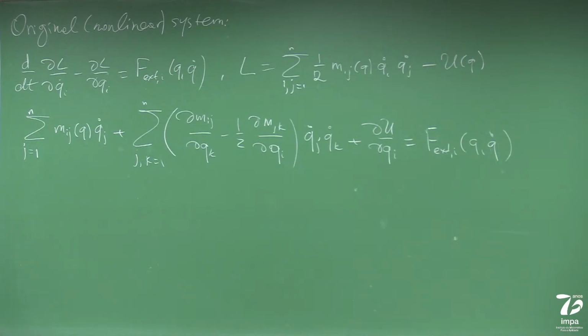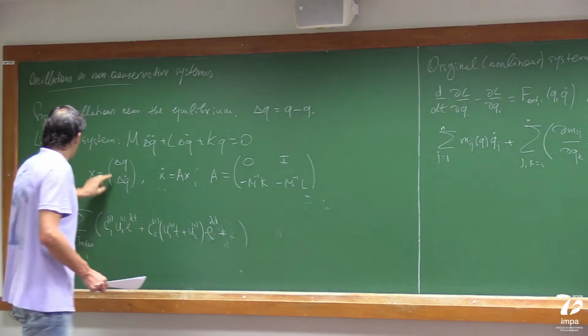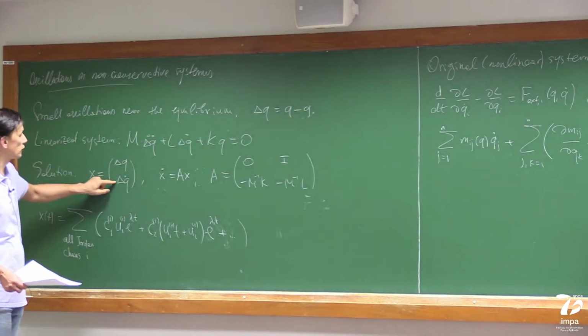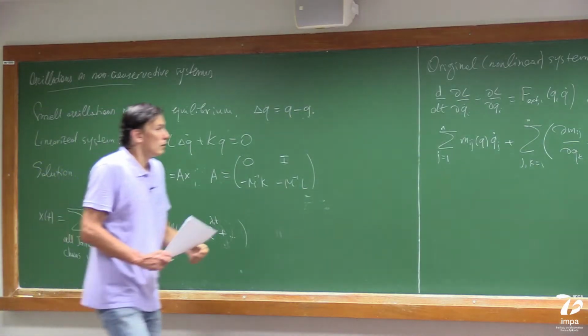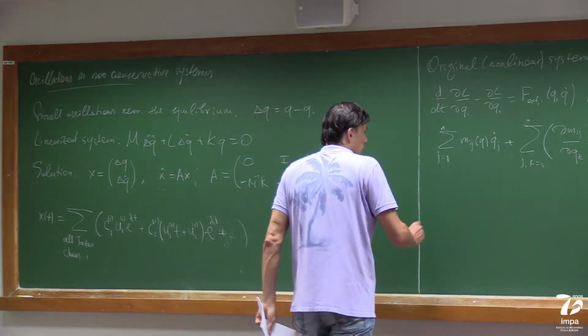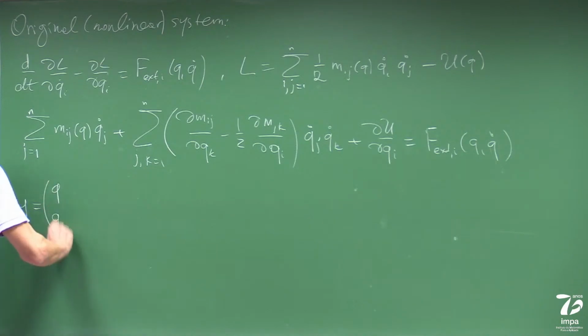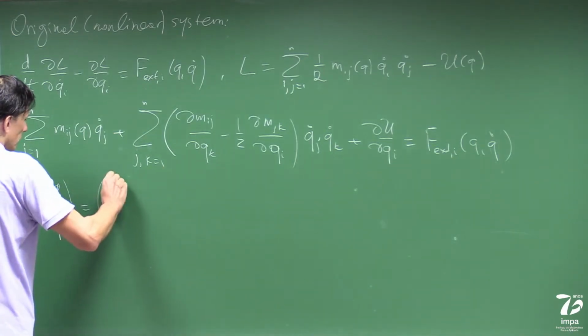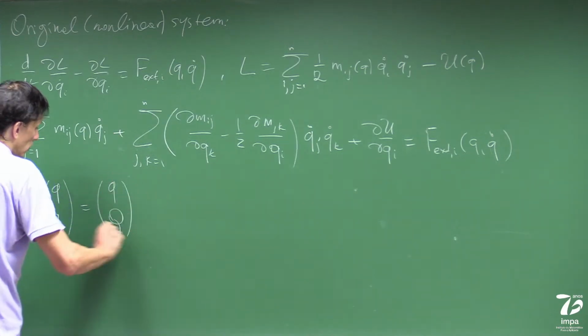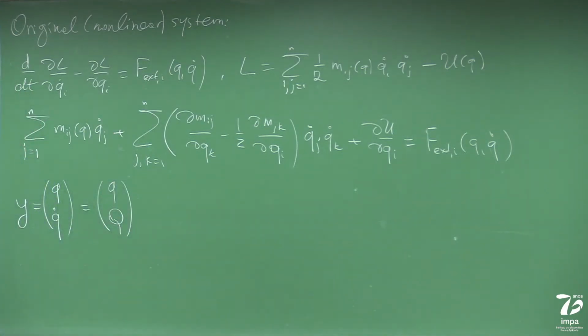We will use exactly the same trick. So we now compose a vector out of the coordinates and velocities. Now there are no deltas, so we will compose a vector y made of coordinates and velocities. It means that we can call the velocities Q capital.